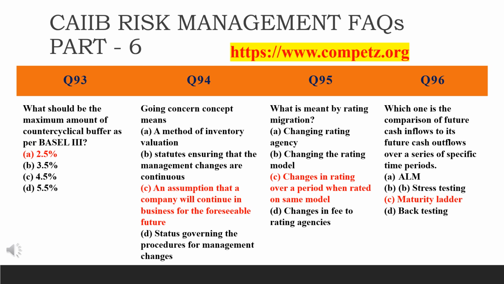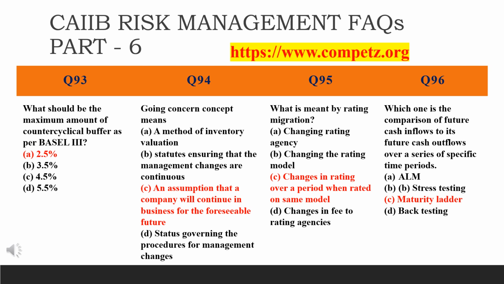Moving to the last question in this slide: which one is the comparison of future cash inflows to future cash outflows over a series of specific time periods? There are four options given: ALM, asset liquidity management; stress testing; maturity ladder; and back testing. Answer is C, maturity ladder. Why?